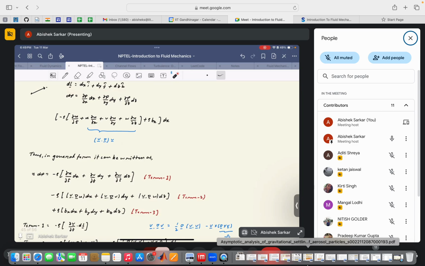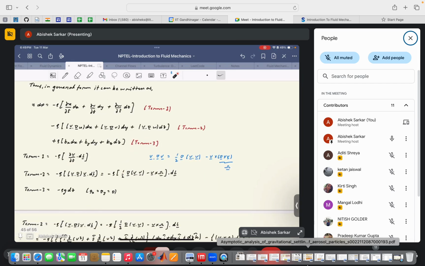You can see the dot product between these two will give you this expression, because i cap dot i cap will be 1, j dot j will be 1, k dot k will be 1, so it boils down to this particular expression.